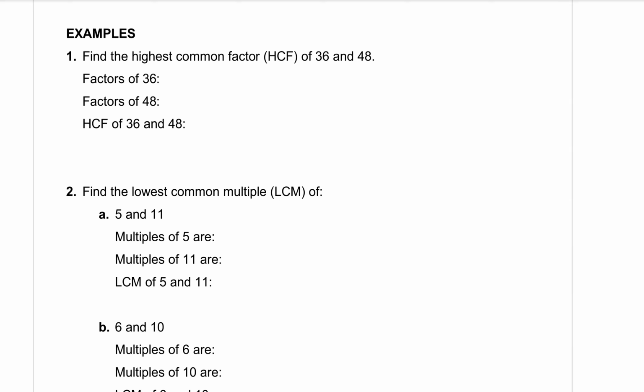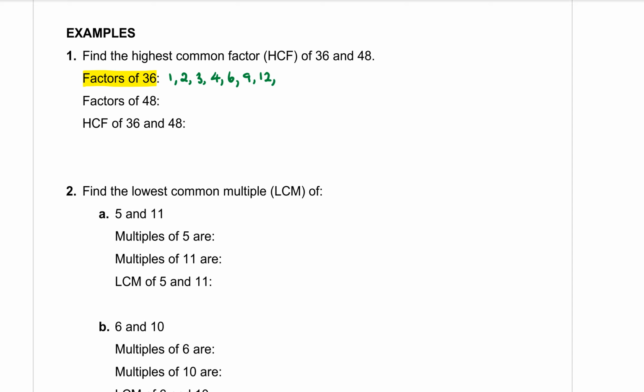So first of all, it says here that we want to list the factors of 36. So always we start with 1. So 1 is the first factor, 2 goes into 36, 3 goes into 36, so does 4, 5 doesn't, but 6 does, 7 and 8 both don't, but 9 does, 10 won't, 11 won't, 12 does.